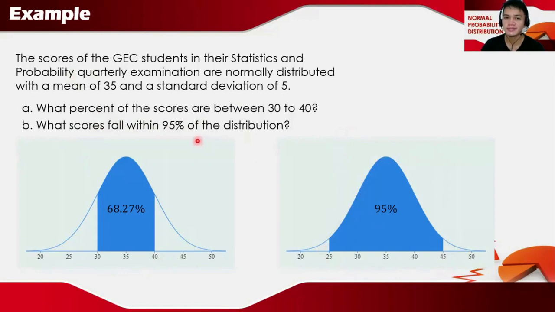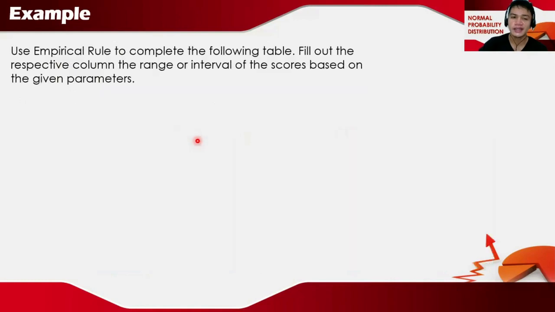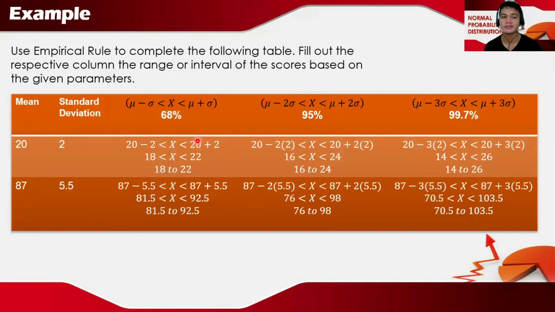Another example is to use the empirical rule to complete the following table. Fill out the respective column for the range or interval of the scores based on the given parameters. But for the sake of illustration, I already filled out the table. Here we have a mean of 20 and a standard deviation of 2.